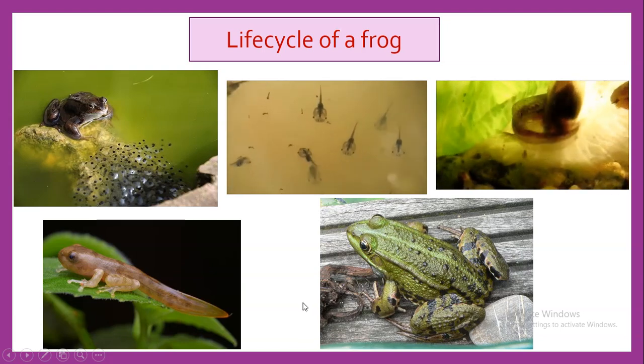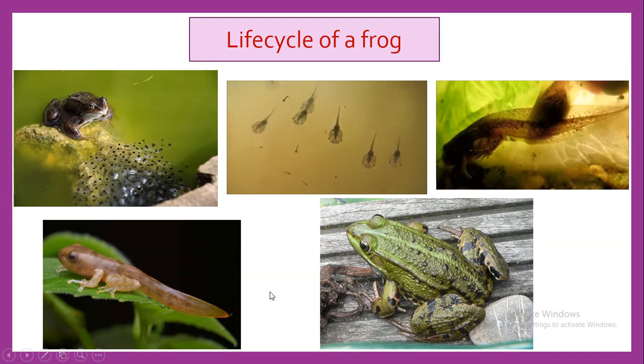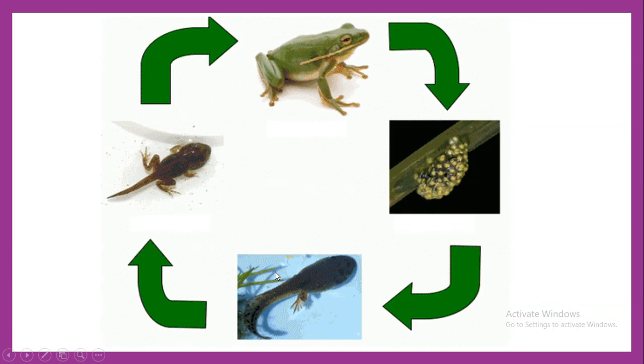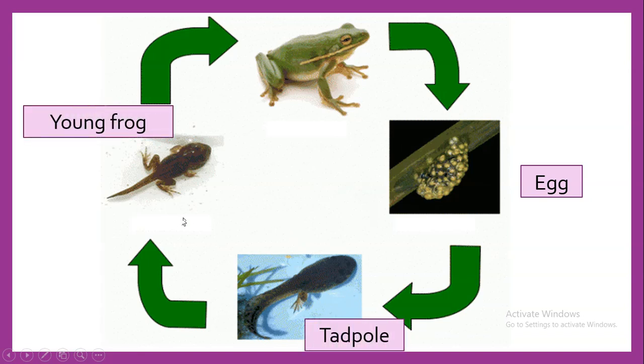It's fully grown and it can reproduce again. This is the life cycle of a frog. It begins with egg, tadpole, young frog, adult frog. See, the adult frog doesn't look like the tadpole.